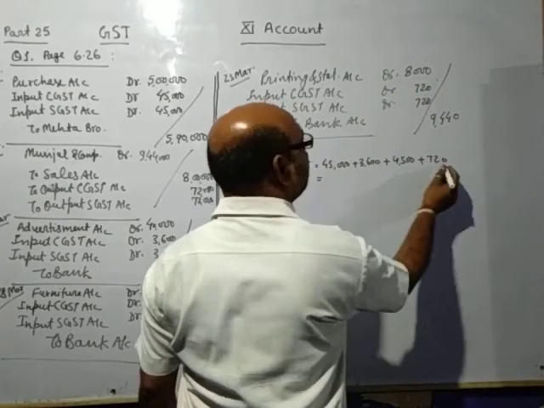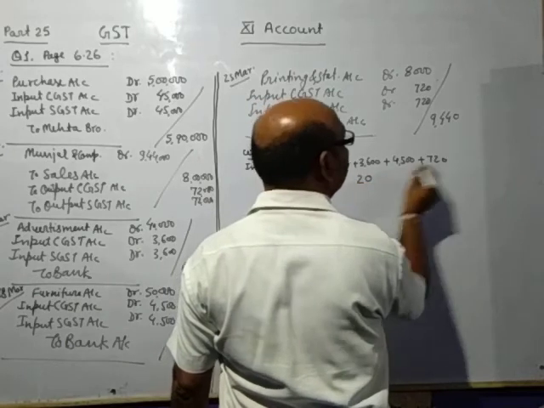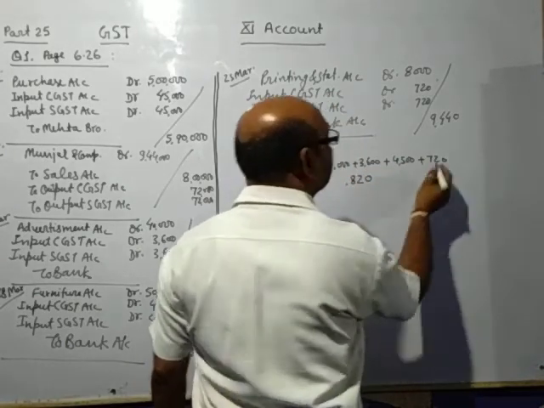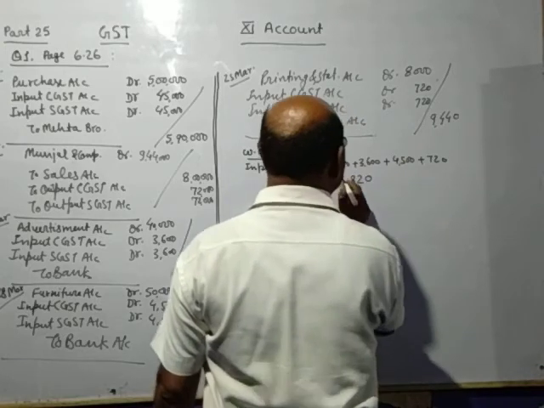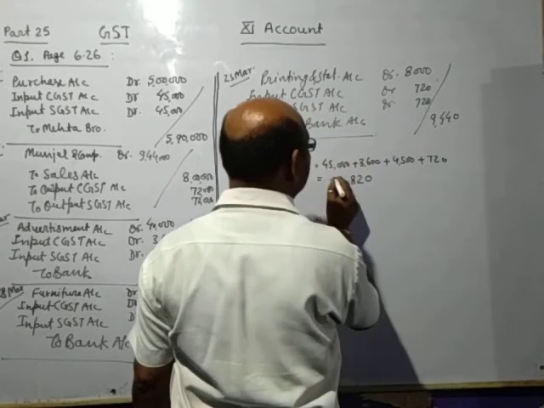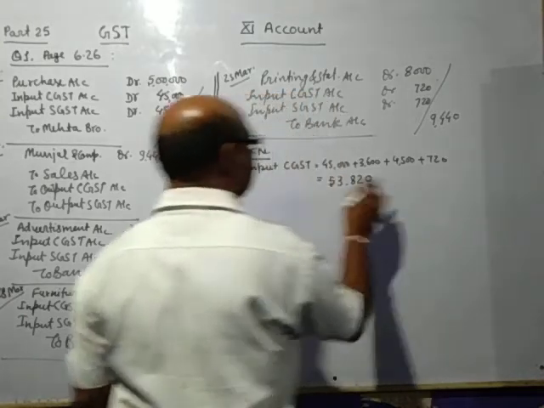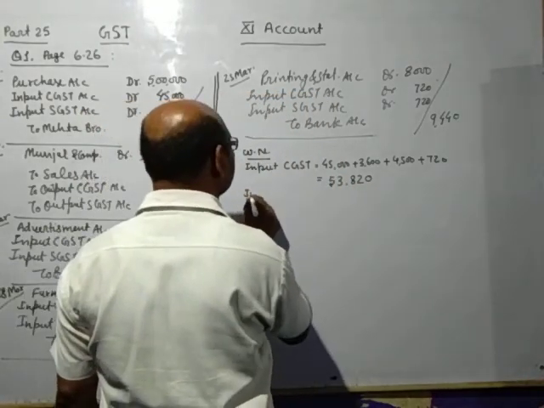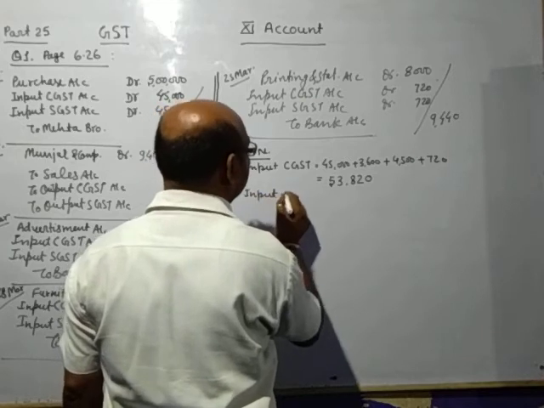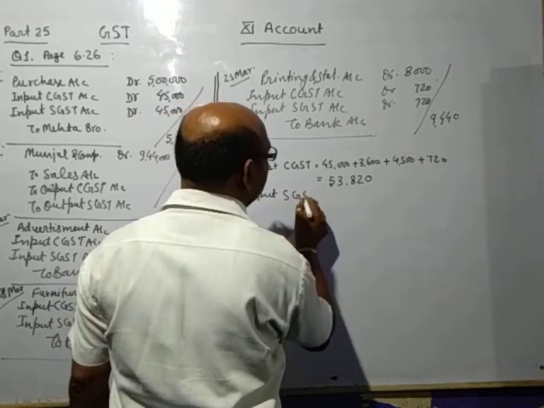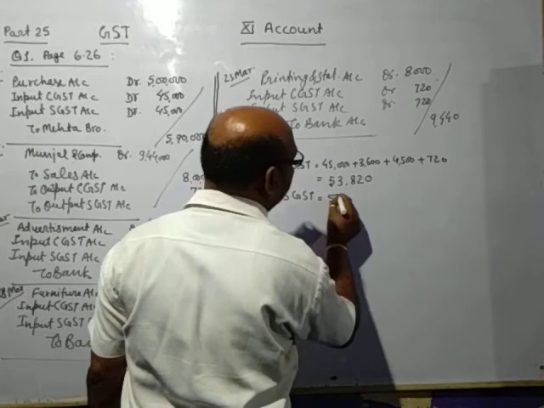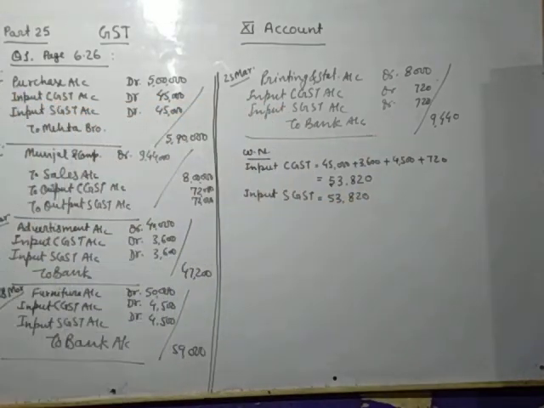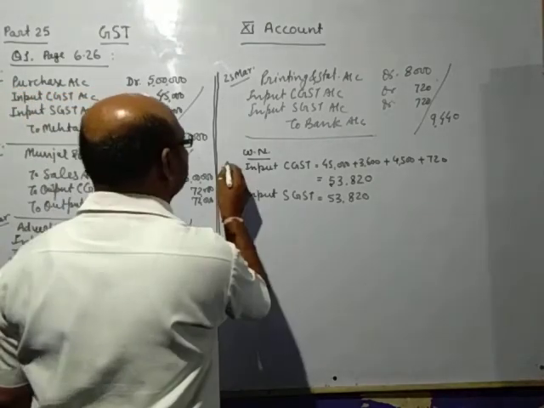So overall you have paid 53,820. So the same amount will come, input SGST will also come same 53,820. Now this is the total input.